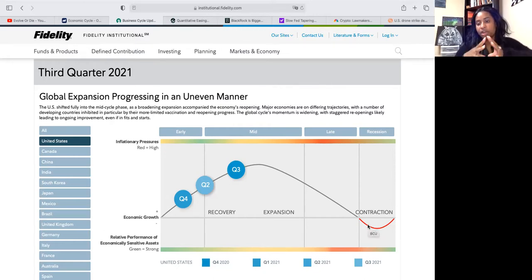Right now, we are in a cycle of contraction. So the economic cycles are just like the stock market. Inevitably, there's always cycles. What goes up must come down. There will be corrections. So after the peak, what comes? There's a sell-off.